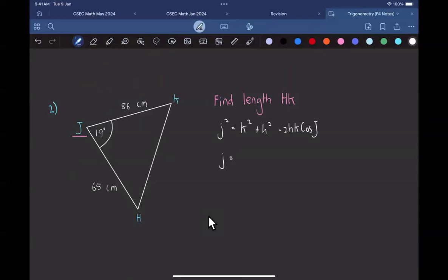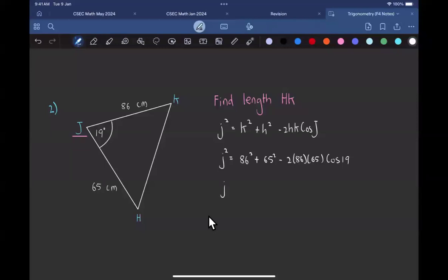Now we plug in. 86 squared plus 65 squared minus 2 times 65 in brackets, cos 19. Right.